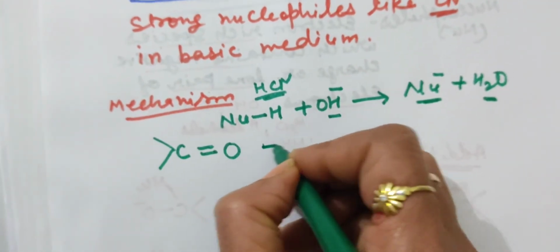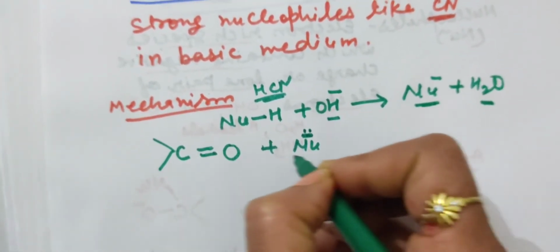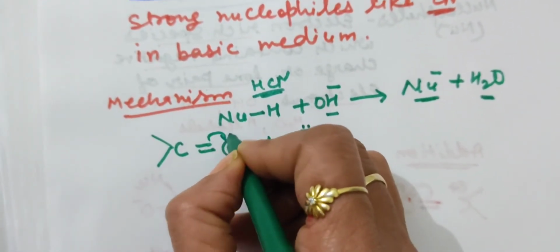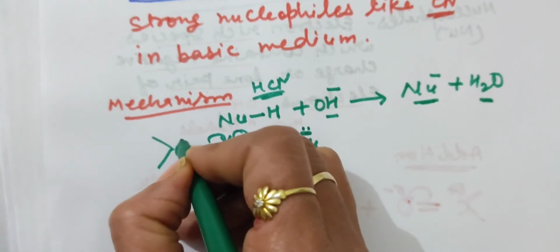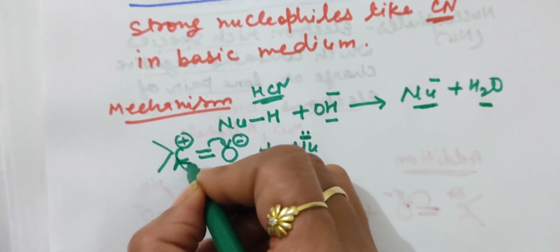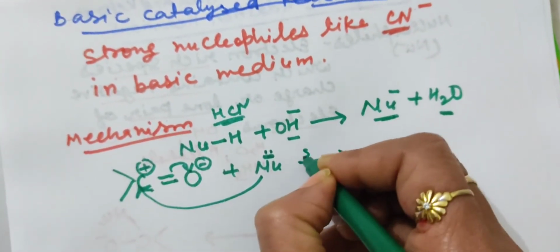So when the nucleophile reacts with the carbonyl group, there is shifting of the bond, it is negatively charged and this will be the positive charge. The negatively charged particle will go onto the positively charged one, and this is the slow step.